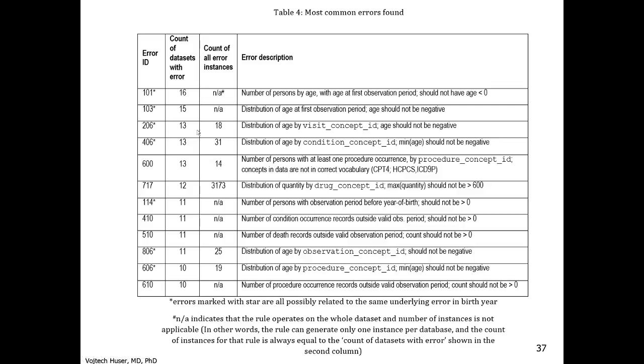But in others, if it's structured by drug concept ID, I may see that 12 data sets had the problem, and if I tally and count in one bin all the different errors, I see that there are 3,000 instances of this problem within different concept IDs, but it only appears at 12 data sets, not in all 24.